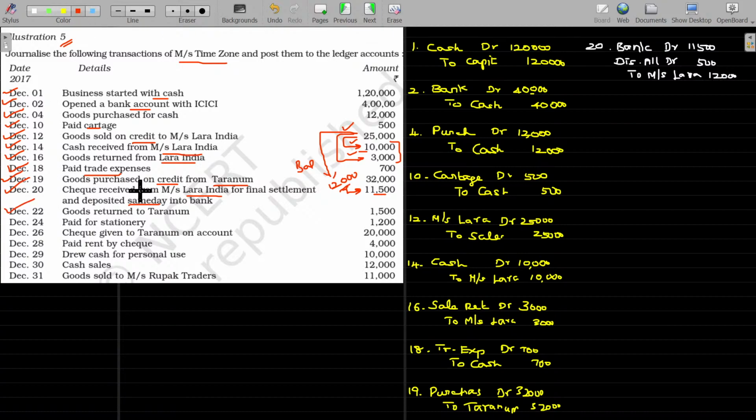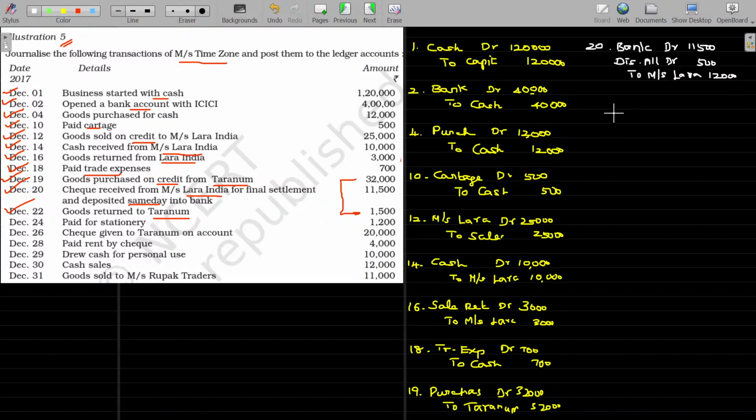December 22nd, goods returned to Taranam, 1,500. So from Taranam we purchased for how much? 32,000 rupees. Out of that 1,500 rupees worth of goods unfit is returned. This is purchase return.